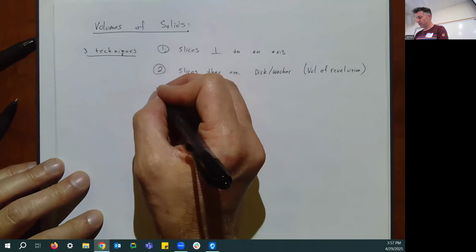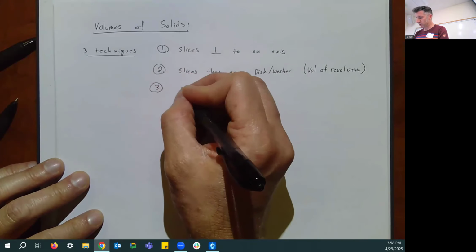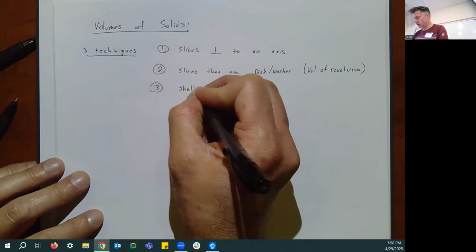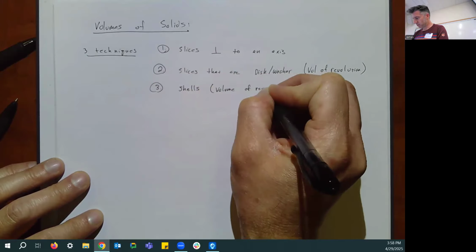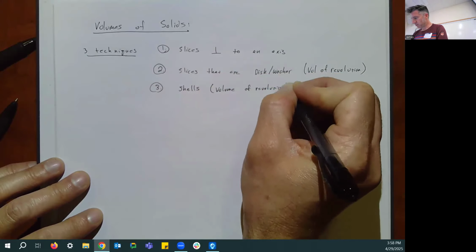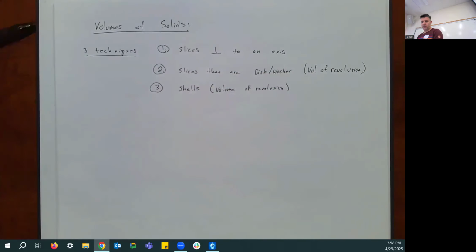And then thirdly are the shells, also a volume of revolution. Probably won't get to all of them today. So let's look at some of these slicey ones first.